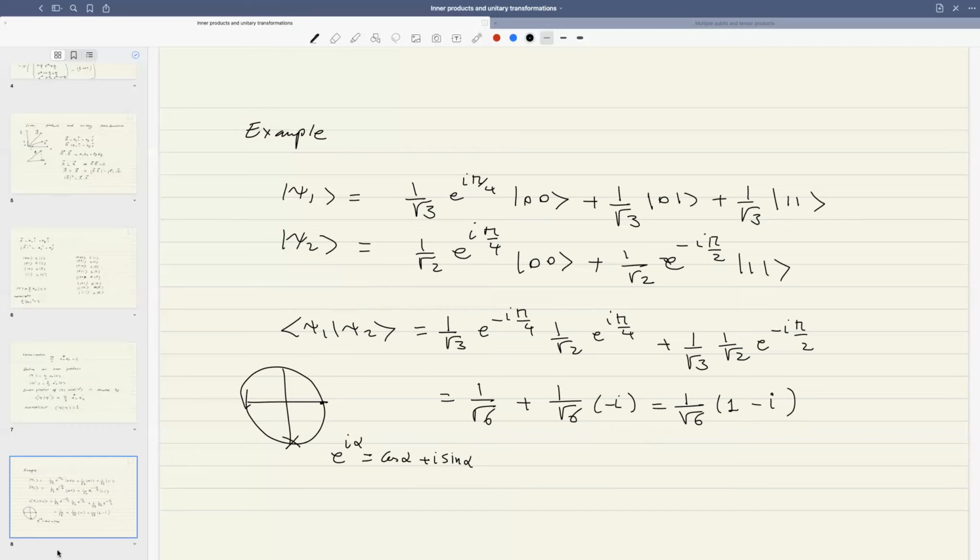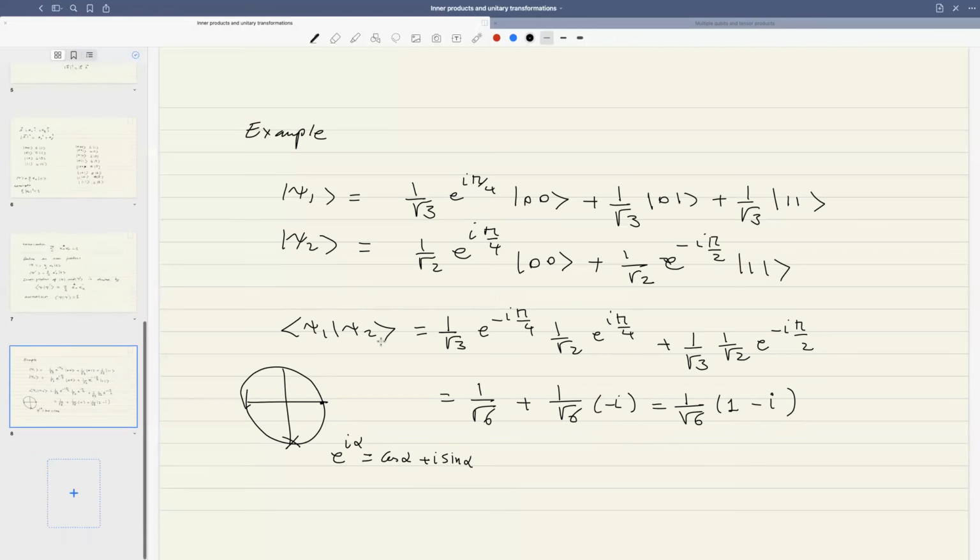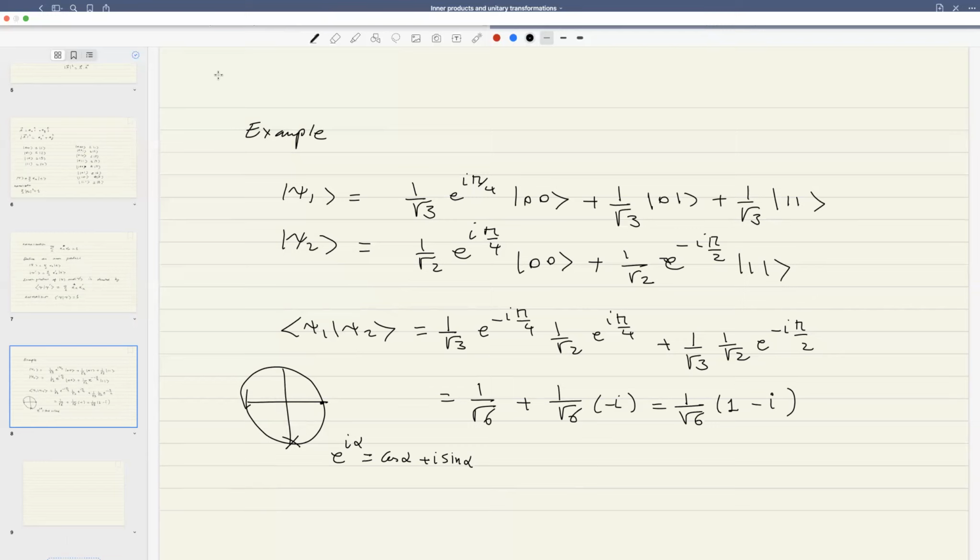Okay, so again, we can do this in terms of matrix multiplication in a kind of nice way.